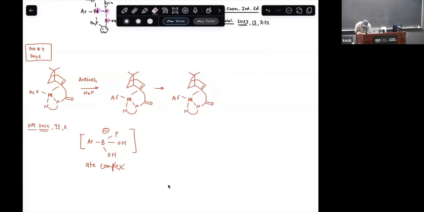What do we like for happening next? Migratory insertion, beautiful. So we're going to insert. This looks pretty unhappy. Here, let me draw this with defined stereochemistry.